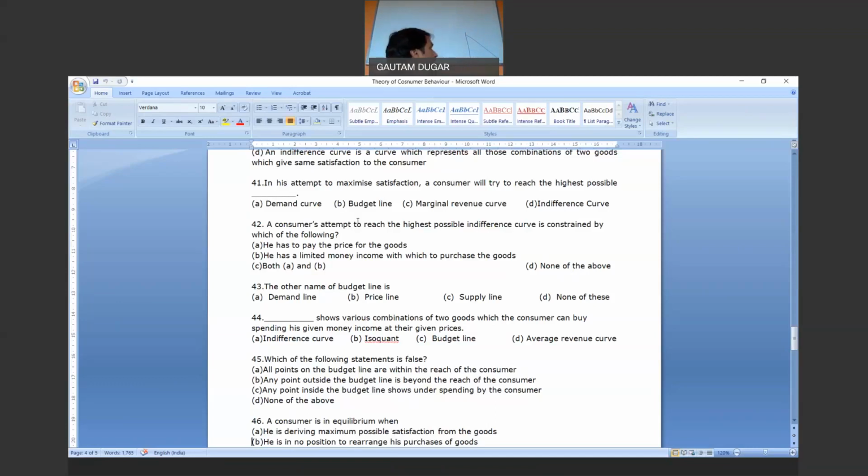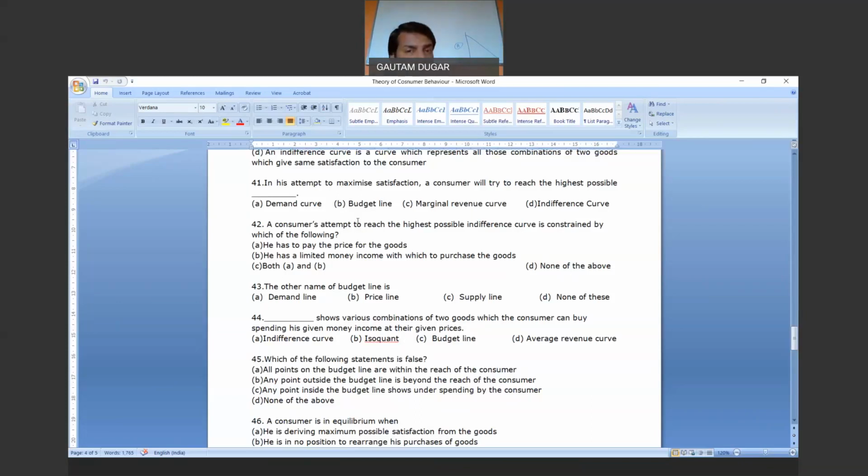Again, if I measure the two commodities, commodity A and commodity B, along the OY and the OX axis respectively, the budget line shows the different combinations of two commodities which a consumer can purchase with a given amount of his money income. Budget line shows the different possible combinations which can be purchased with the given budget of the consumer.